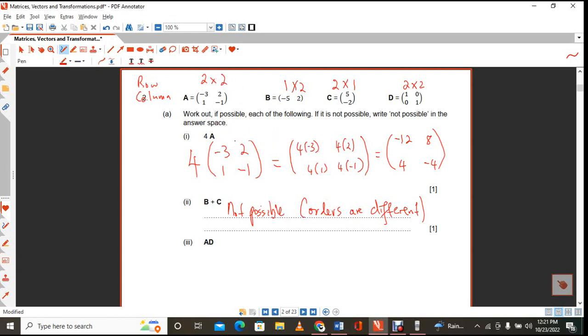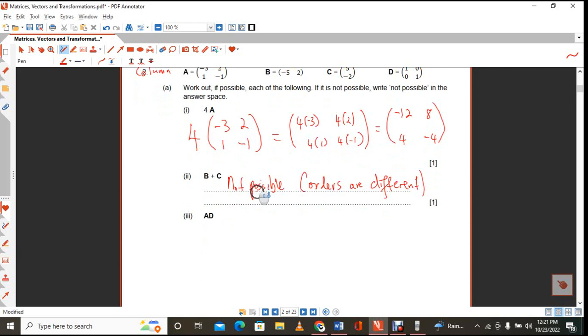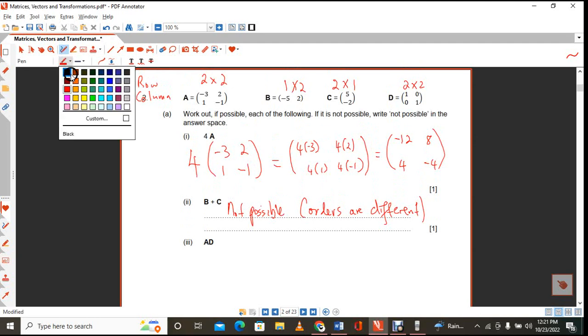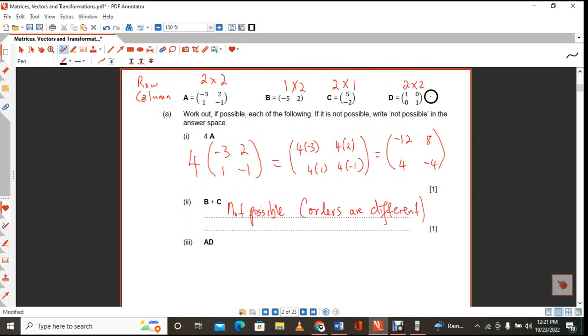Now, multiplying matrices, of course, you are multiplying matrix A times D. What you can also know is that matrix D is referred to as the unit matrix, or the identity matrix.